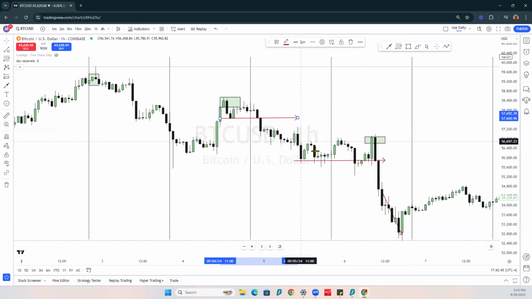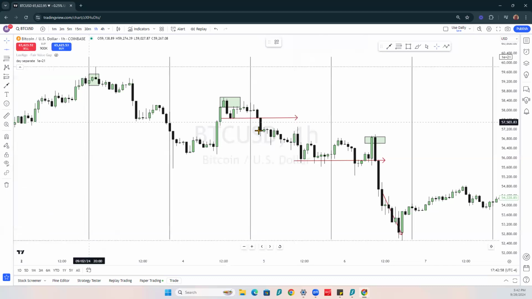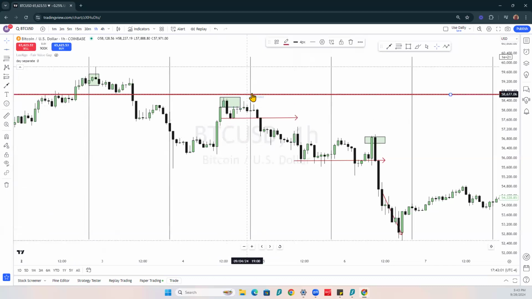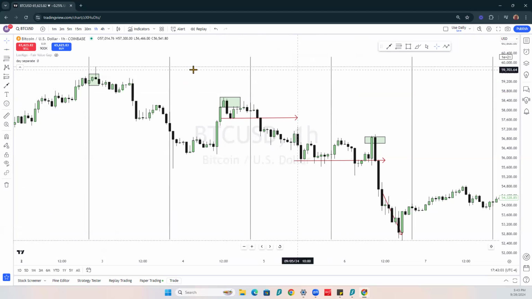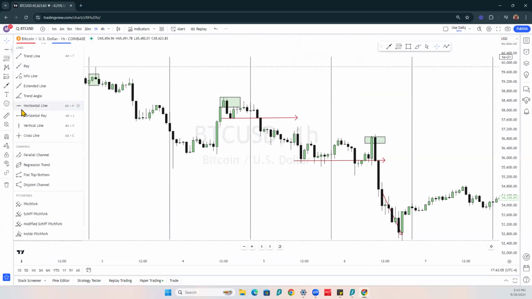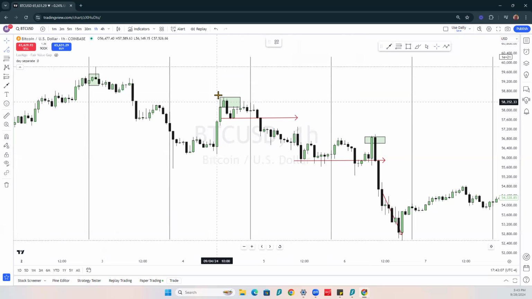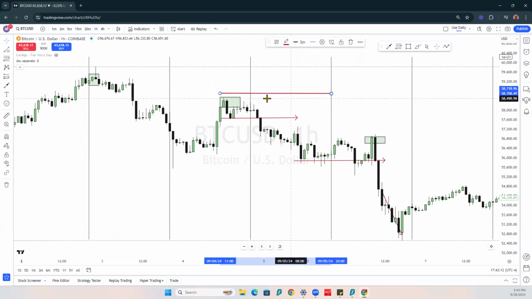Even if you stayed in this trade right here, you had gone into the trade, let's say, on this candle around this area here, and you placed your stop loss above this area here, let's say that was your stop loss. The stop loss was above this area. You would have never gotten stopped out, and you would have captured all these pips going lower.